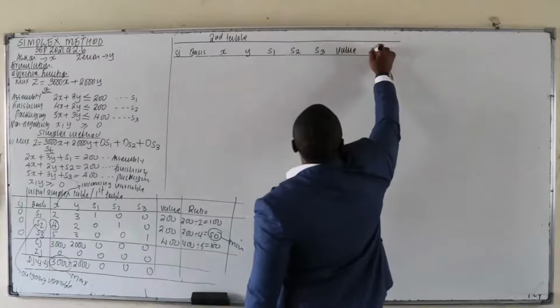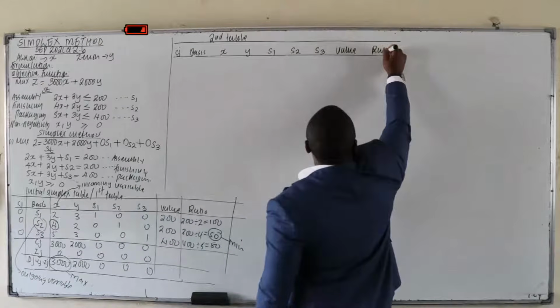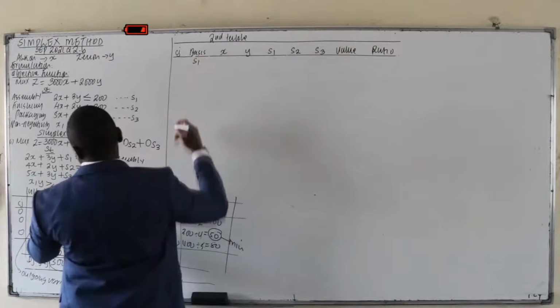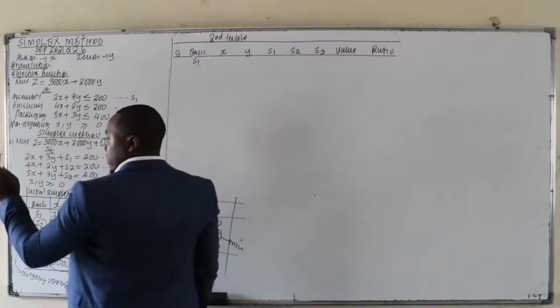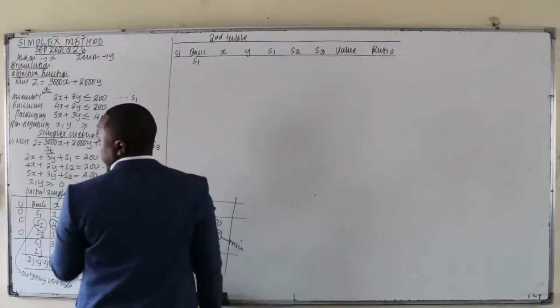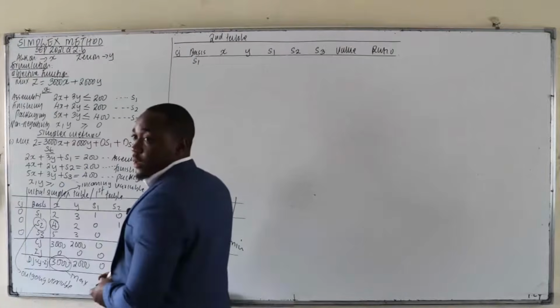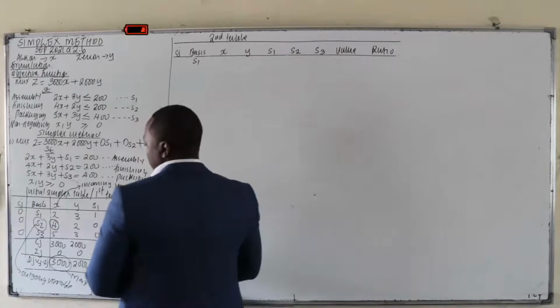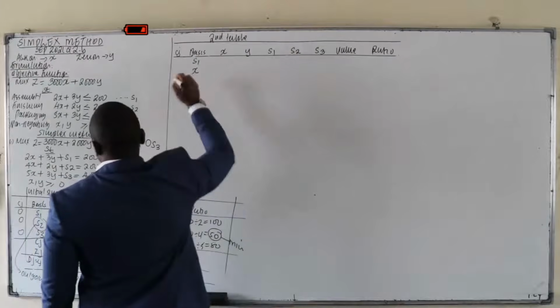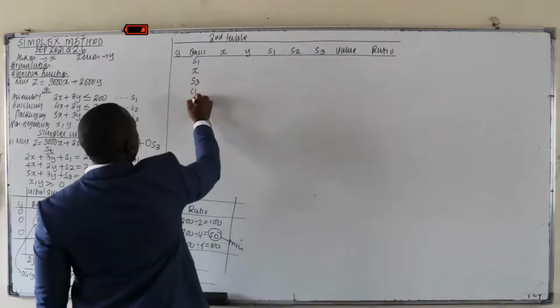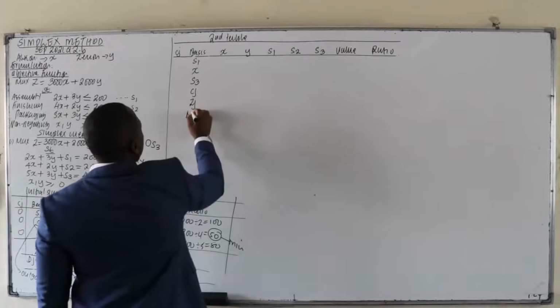We have the value, then we get the ratio. Then for the basis, we have S1, S2 is gone. Now who is replacing S2? We have X. Then here we have S3. Cj, Zj, Dj.